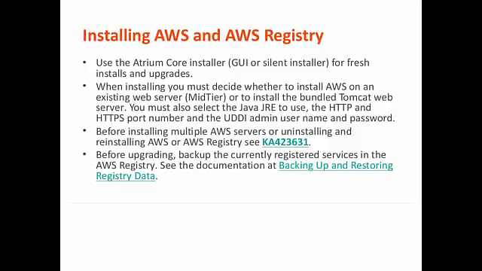So there are a couple of things you have to do if you are installing multiple AWS servers or if you're uninstalling and reinstalling. And there's a KA for that. It's 423631, and it has some steps you have to apply. There are not too many steps. You have to remove some things from a form and remove some things from the Atrium Core configuration document.